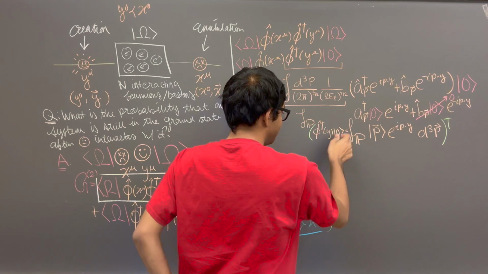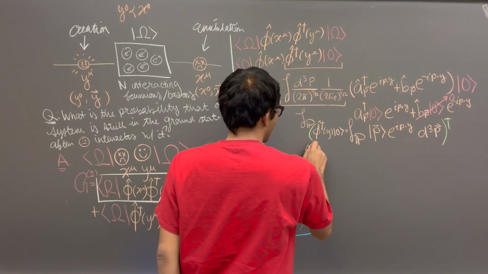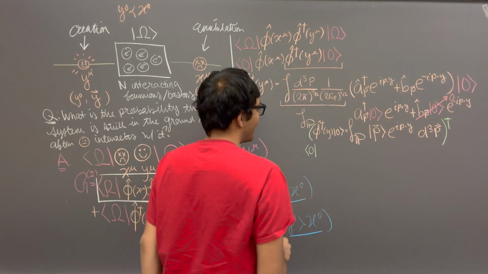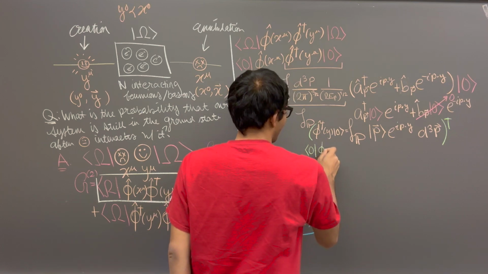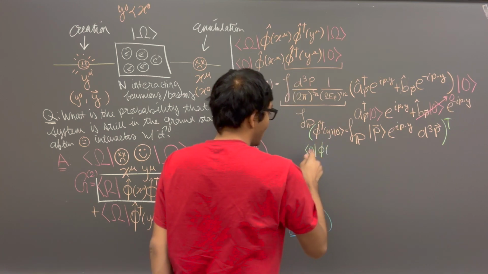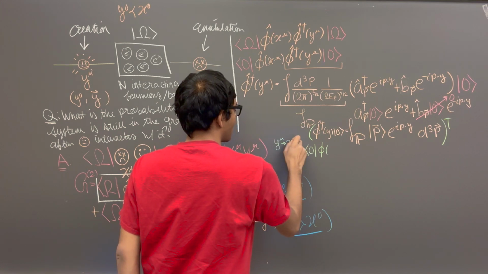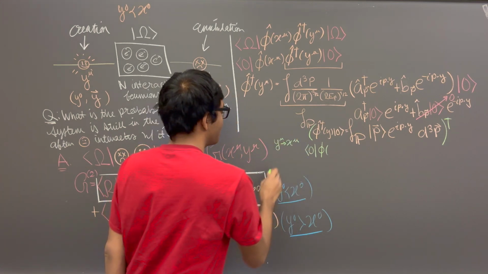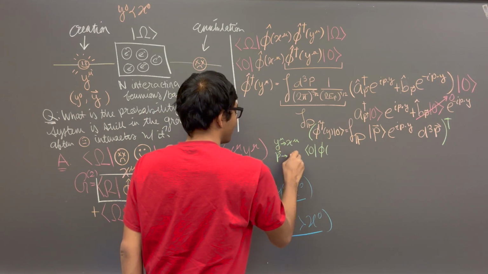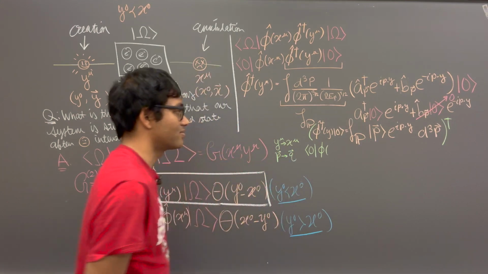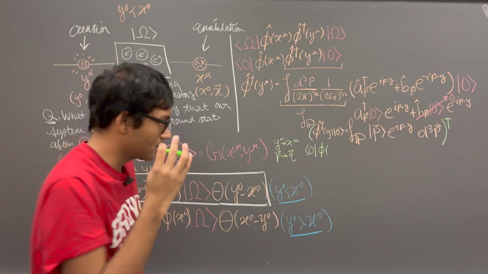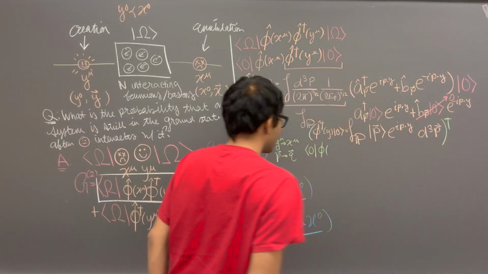What's going to happen? This ket turns into a bra as expected. This phi dagger turns into a phi at y, but I'm going to change all the y's into x's, all the y mu's into x mu's, and all the p momentum vectors into q momentum vectors, because p and q are, after all, dummy variables. We're integrating over them.